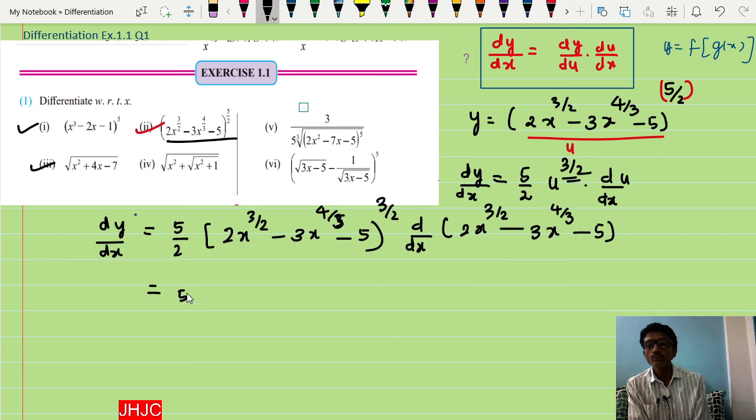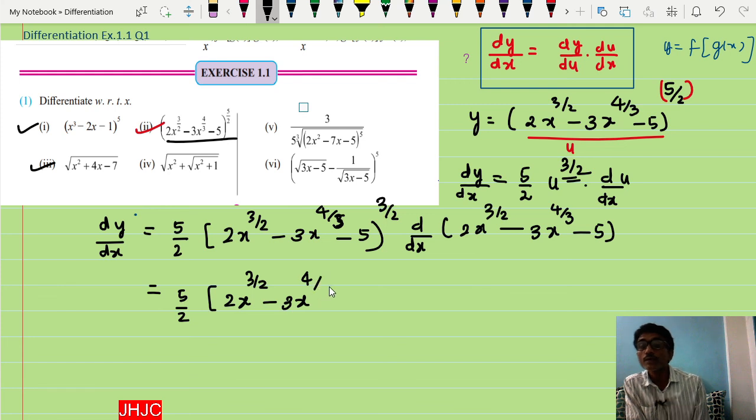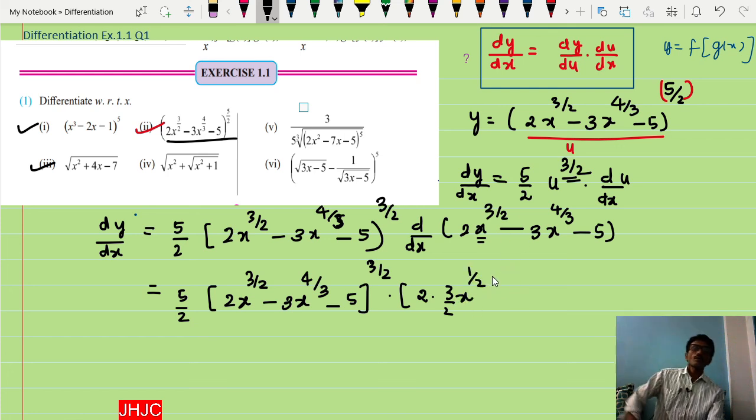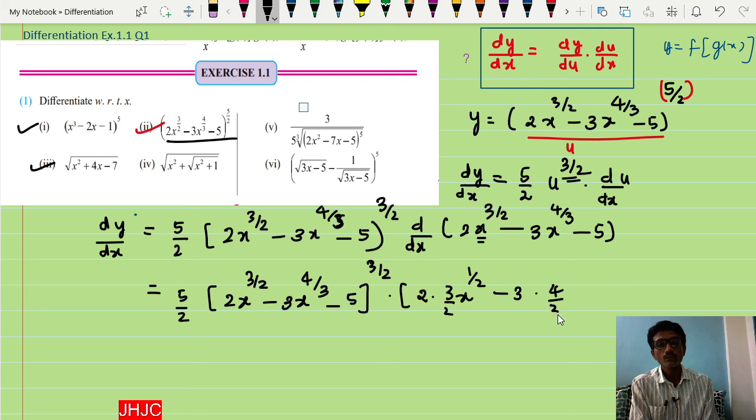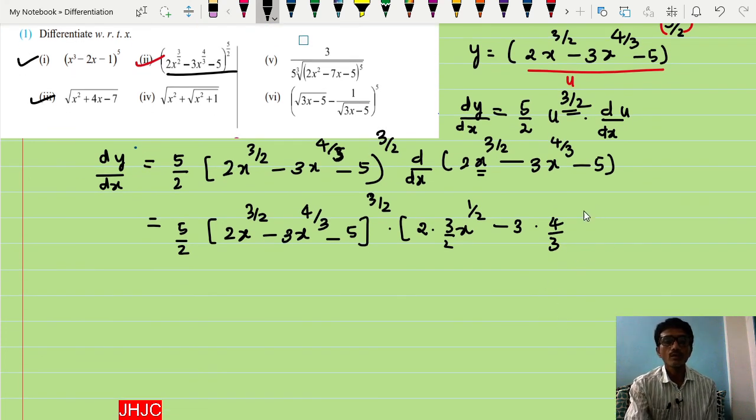It is 5 by 2 into 2x raised to power 3 by 2 minus 3x raised to power 4 by 3 minus 5, raised to power 3 by 2, into the derivative: 2 into 3 by 2 x raised to power 3 by 2 minus 1, that is 1 by 2, minus 3 into 4 by 3 x raised to power 4 by 3 minus 1, that is 1 by 3, and derivative of constant is 0.